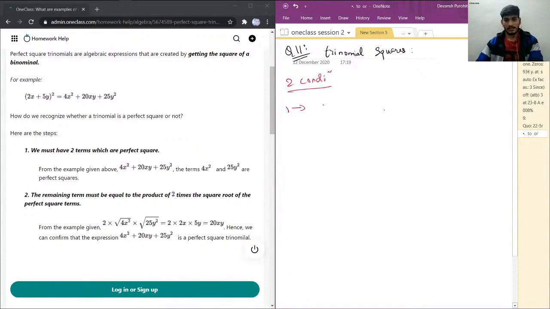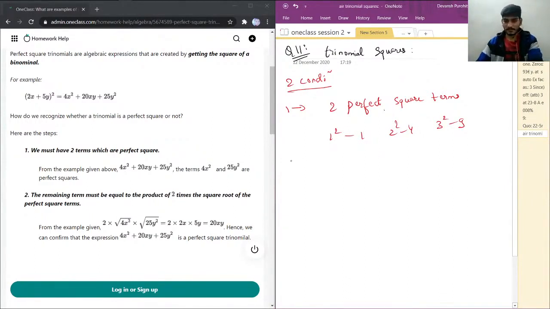First one is we should have two perfect squares. These perfect square terms are like 1 square is 1, 2 square is 4, 3 square is 9, and there will be a variable which will be squared. So the square term should not be in decimals, it should be an integer number.